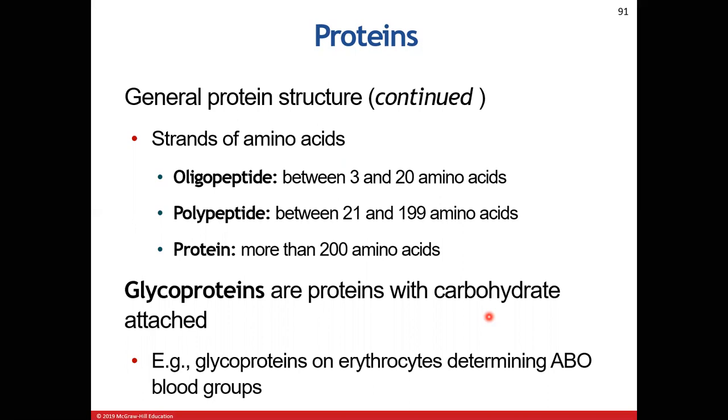And then we have structures called glycoproteins. So glycoproteins are proteins, so they have more than 200 amino acids, but they have some sort of carbohydrate, therefore the glyco component of it. And so we'll see a lot of glycoproteins on erythrocytes, and this helps us in determining the different ABO blood types or blood groups, okay?